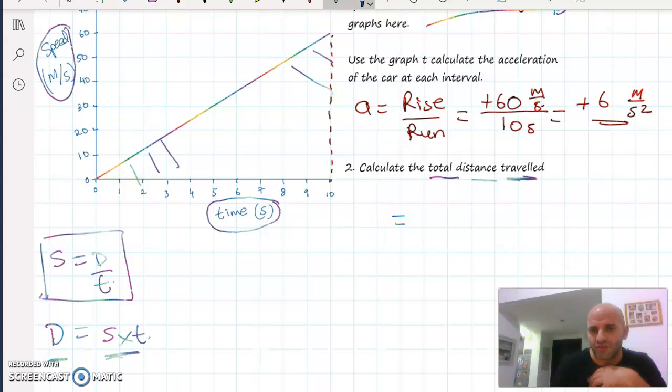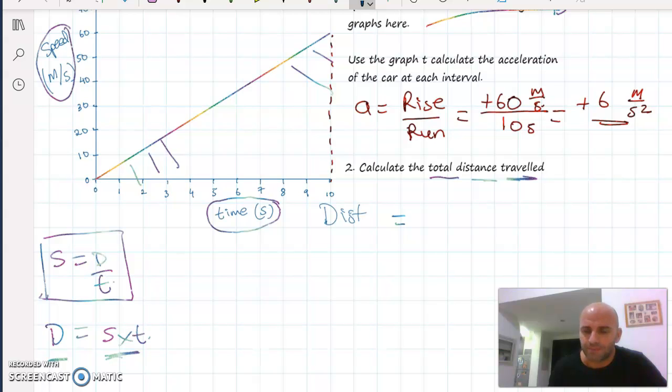This isn't a measure of area, to be honest. This is a measure of distance or displacement, but we calculate it by getting the area. We would look at this much later, towards year 12 and year 13 level, when we start to look at calculus. That's a long way away for you guys yet.